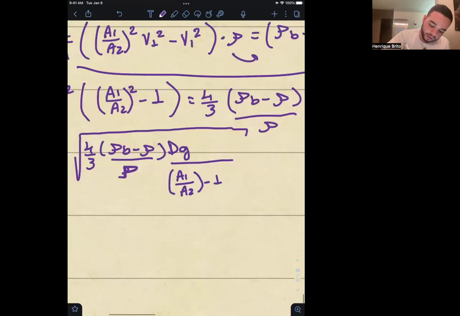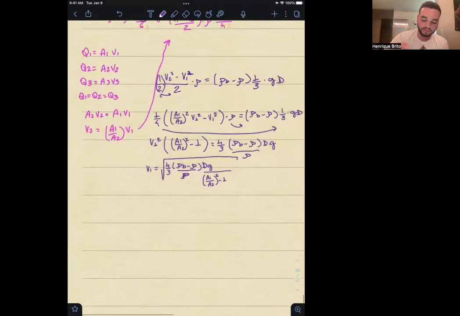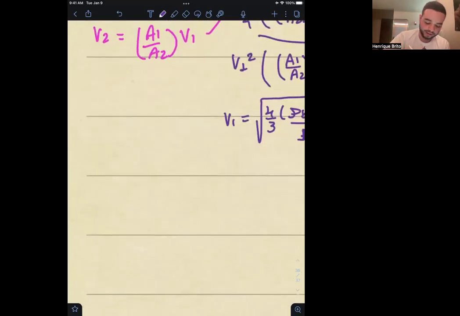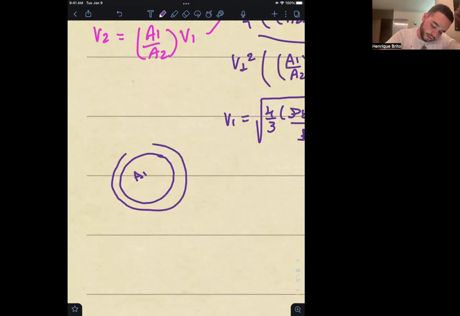Another thing we need to understand is that this ratio between A1 and A2 looks somehow like this. This is A1, and then you have the other part, which is A2.